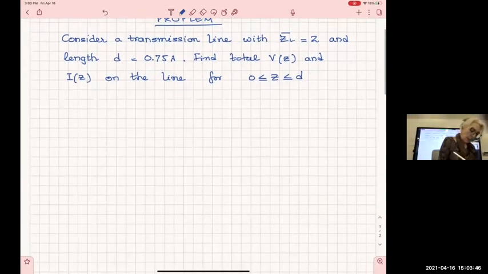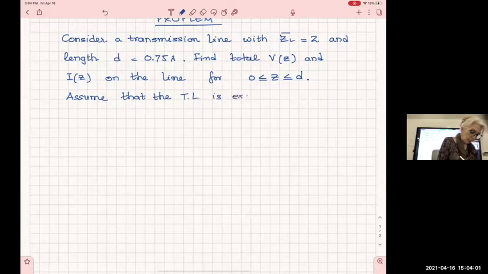All right. In this one, I will assume that the transmission line is excited by an ideal voltage source.